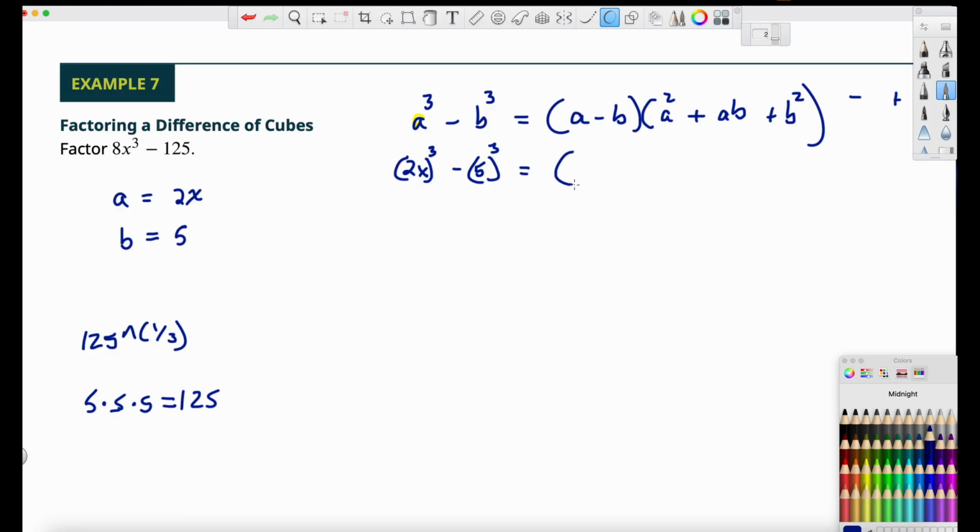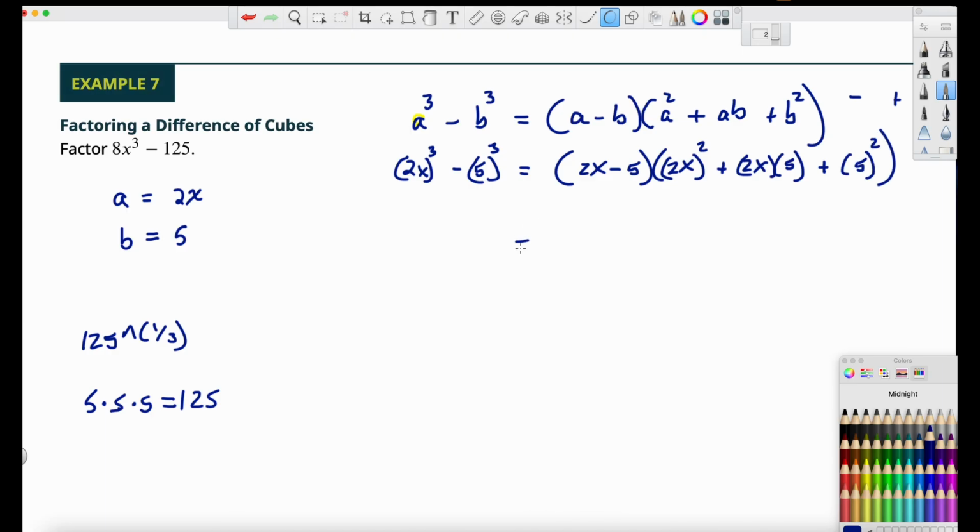And I'm just going to substitute it in. 2x minus 5 times 2x squared plus 2x times 5 plus 5 squared.